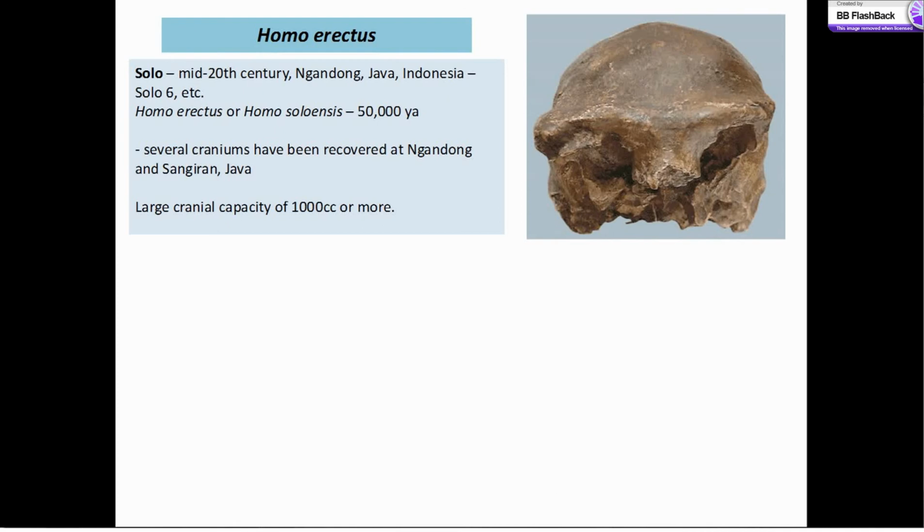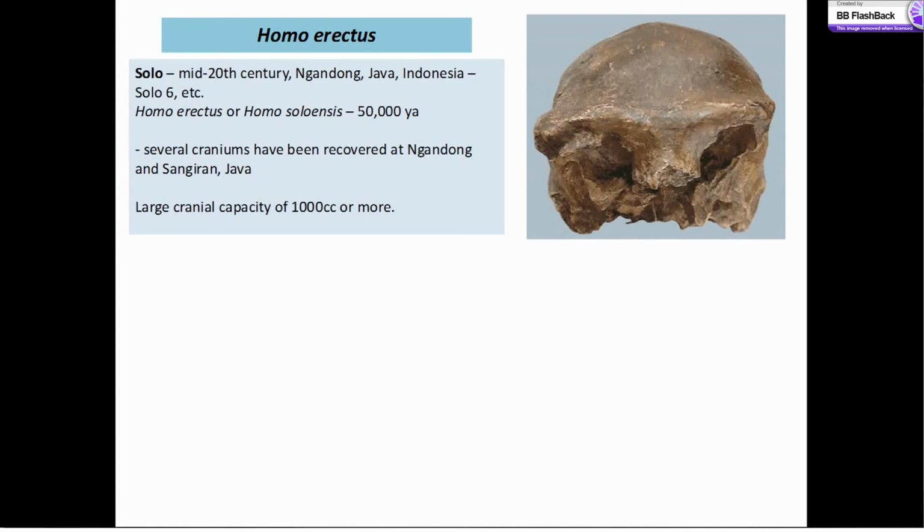Here's another great Homo erectus specimen, Solo, also known as Solo Man sometimes, which is a little funny for me. Anyway, I don't really have a date for when it was uncovered here, but it was found in Java at Ngandong, and it's been dated to 50,000 years ago.